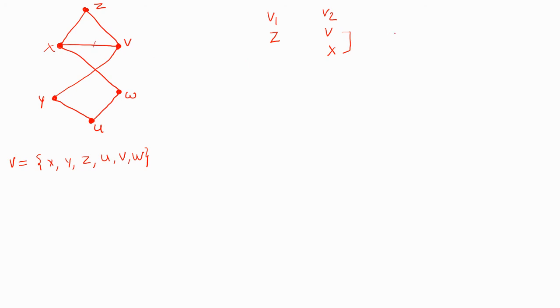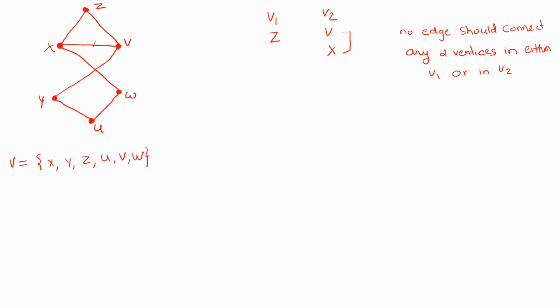Therefore, the condition that no edge should connect any two vertices in either V1 or in V2 is not satisfied.